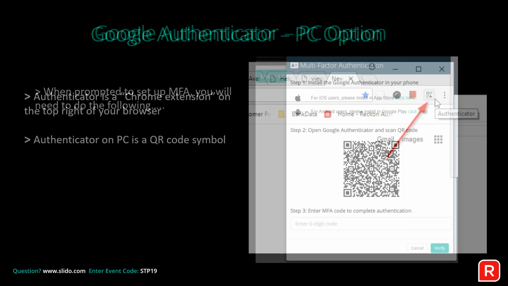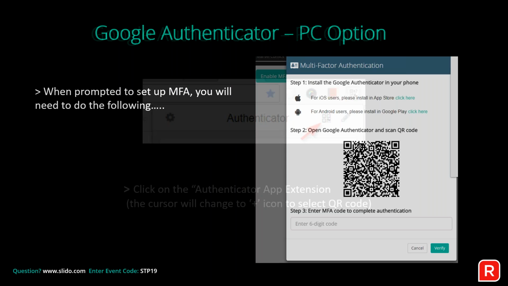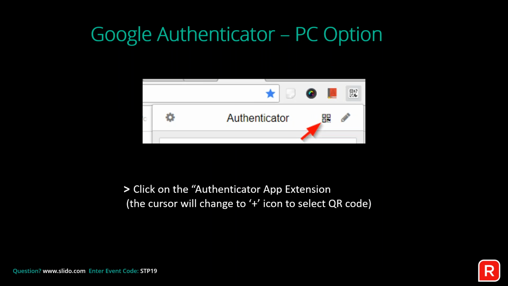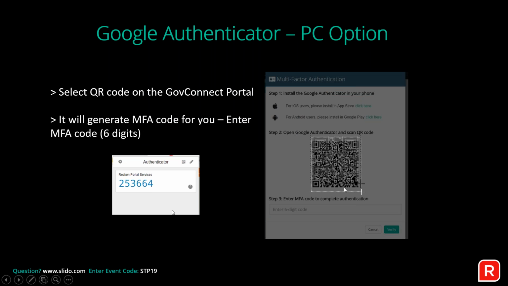To set up MFA using the Chrome extension, you'll need to launch the Authenticator app on the Chrome extension, and then you need to highlight the code that's given when you're setting up your MFA, and then it'll generate the 6-digit MFA code for you, and then you enter it in.